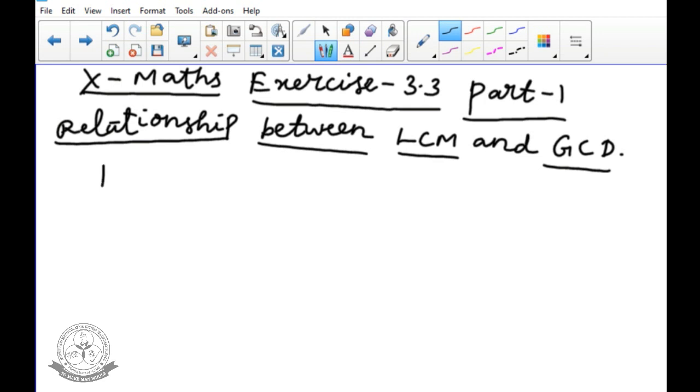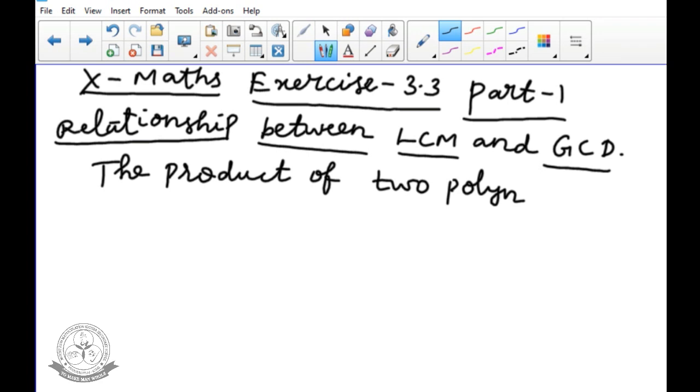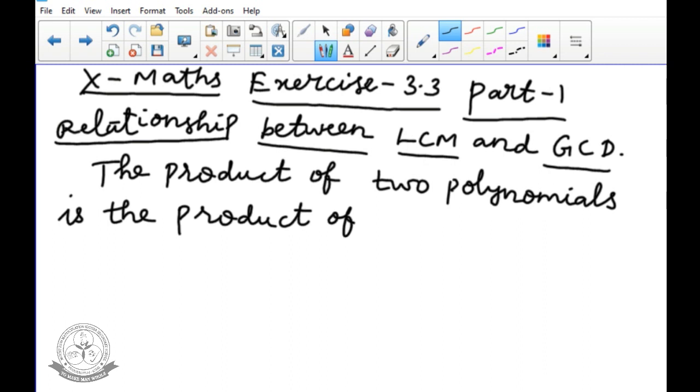The definition is: the product of two polynomials is the product of their LCM and GCD.